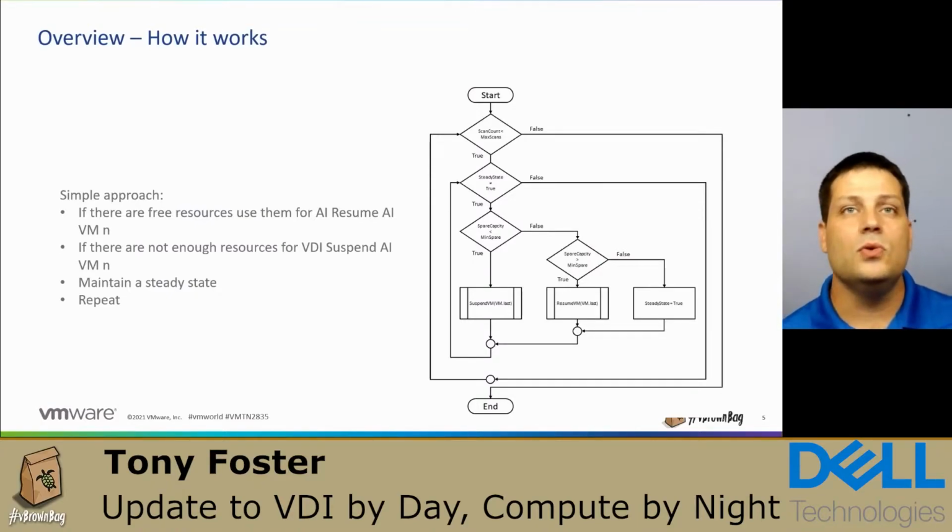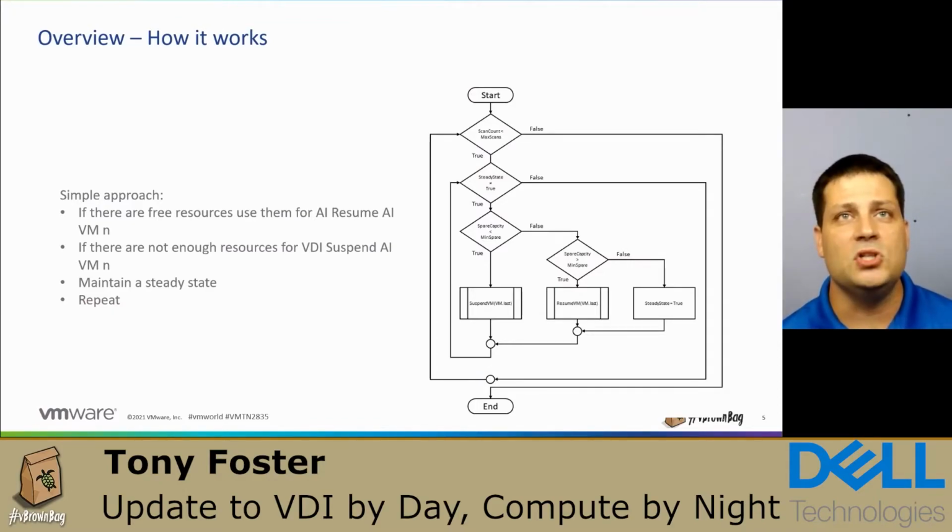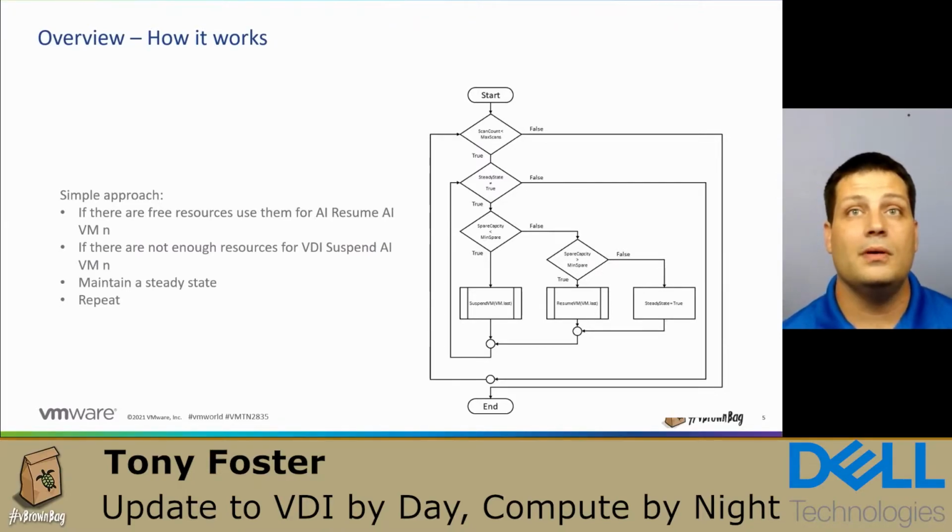We need to roll back those AI machines and start up or free capacity for the VDI machines. And so that takes us through how VDI by day, compute by night functions in a logical operation.